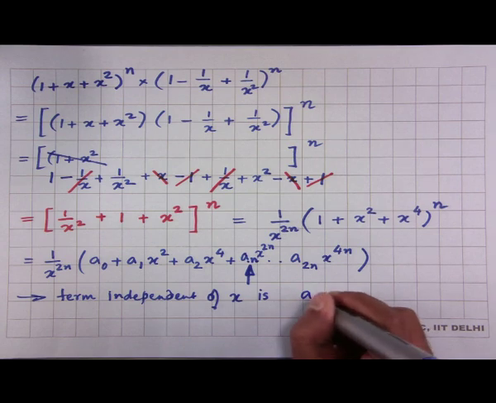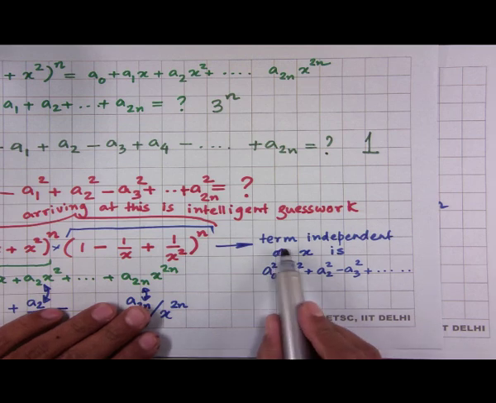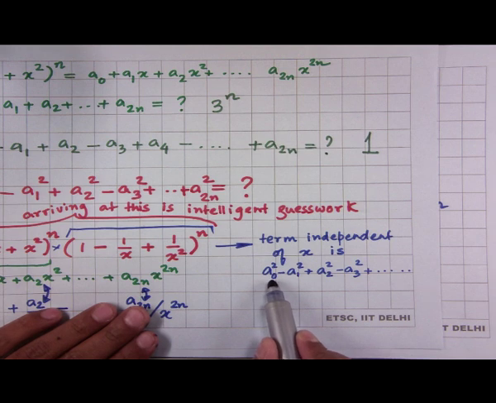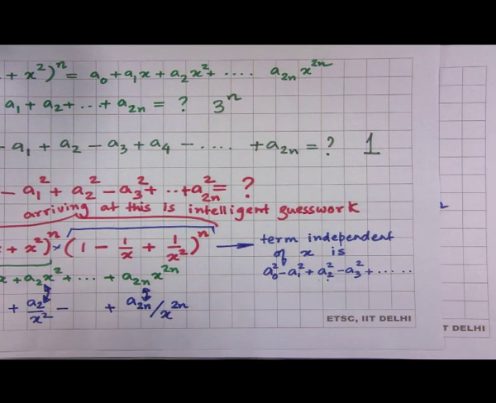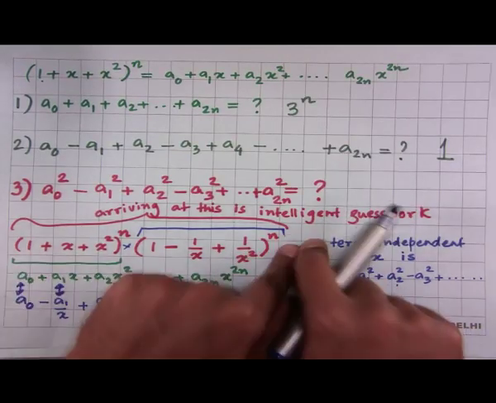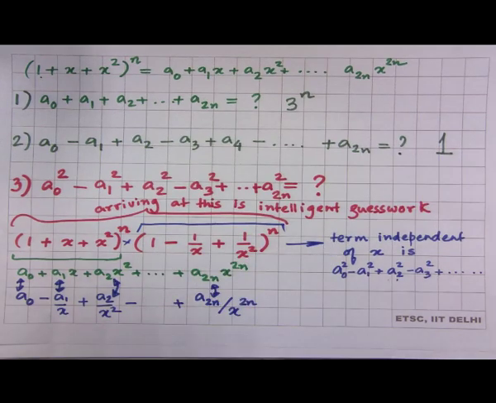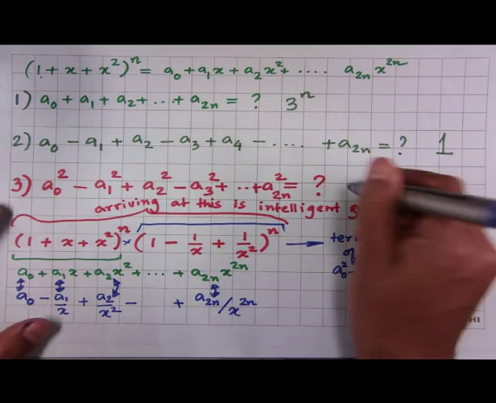a n, and my question was, so the term independent of x in this expansion is a naught squared minus a 1 squared plus a 2 squared minus a 3 squared, and I did it in some other way. I first multiplied then raised to the power as opposed to raising to the power and then multiplying, right. And what did I get?